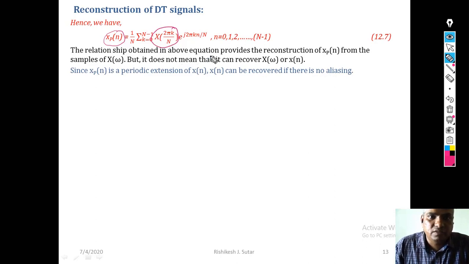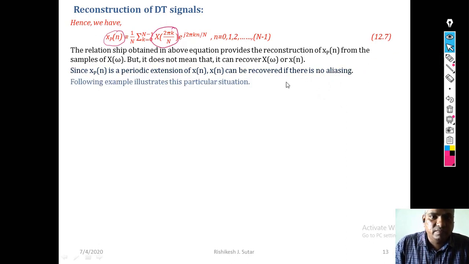The above equation gives me the reconstruction of xp of n from x of omega, but x of n can be recovered only if there is no aliasing. So let us try to understand the aliasing.